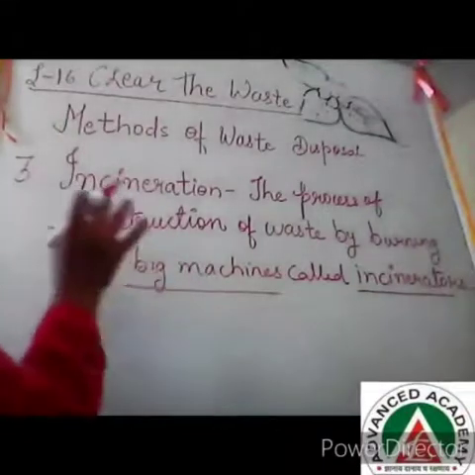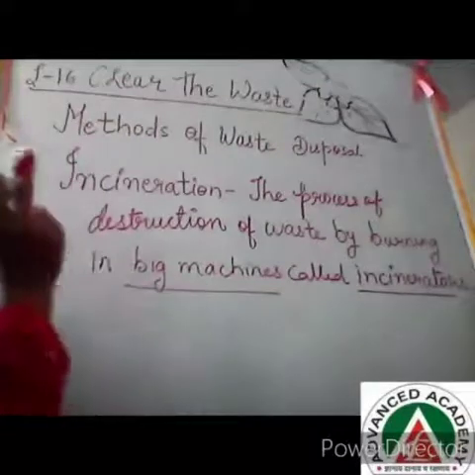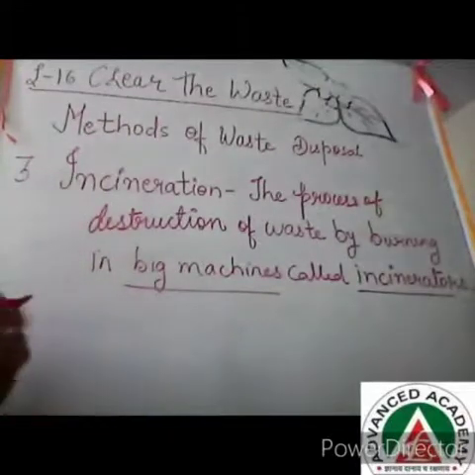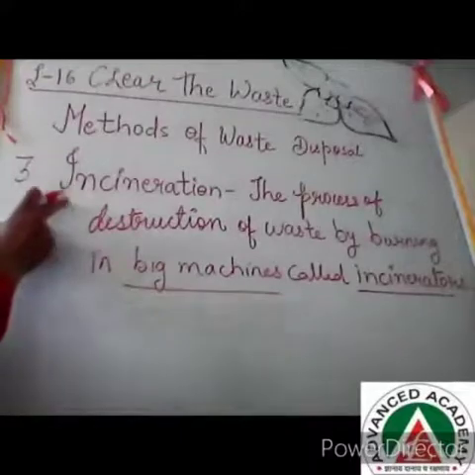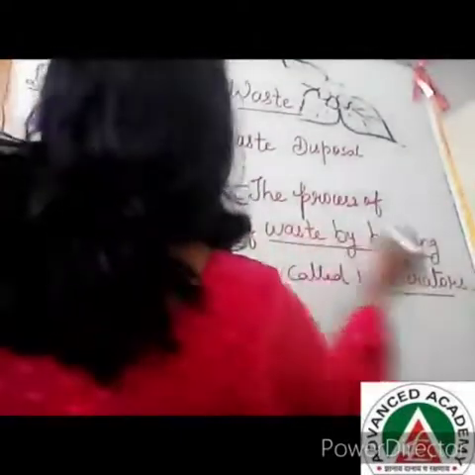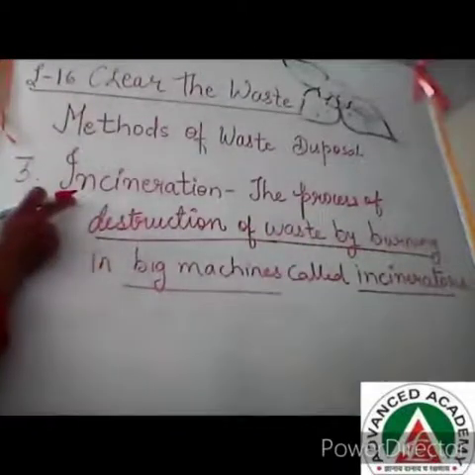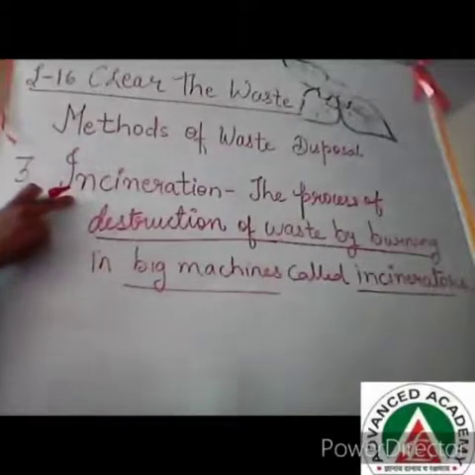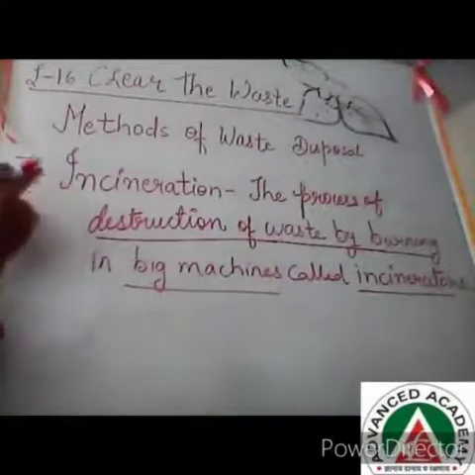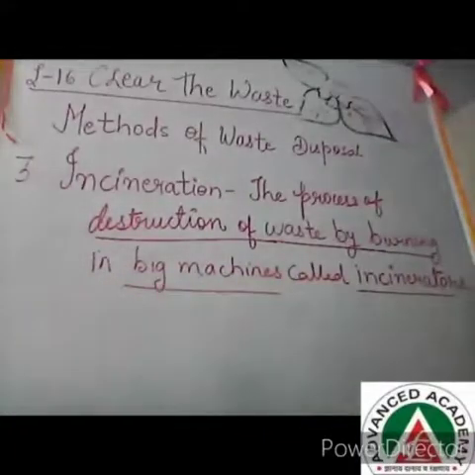The process of destruction of waste by burning is known as incineration. You can remember the words waste and burning. Destruction of waste by burning is known as incineration, and the machines in which burning takes place and the waste is destroyed, those big machines are known as incinerators.